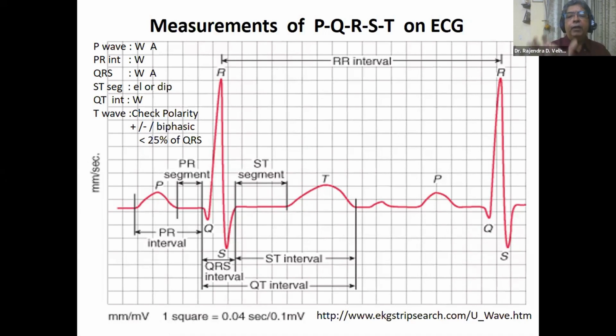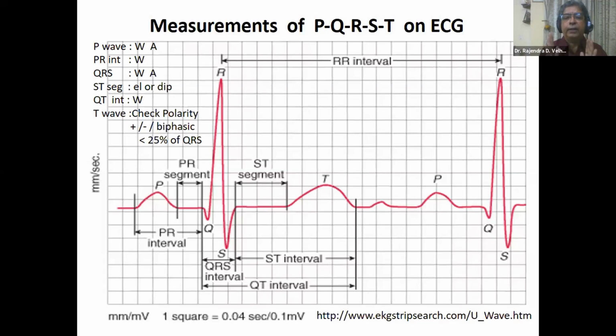When the RR interval is exactly the same for all complexes in the rhythm strip, we say the rhythm is absolutely normal sinus rhythm. But even if there is a slight variation in the RR interval, we say there is a sinus arrhythmia.